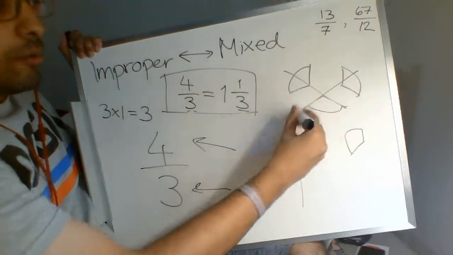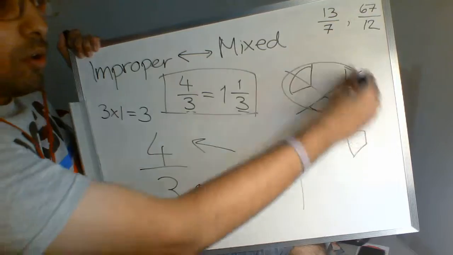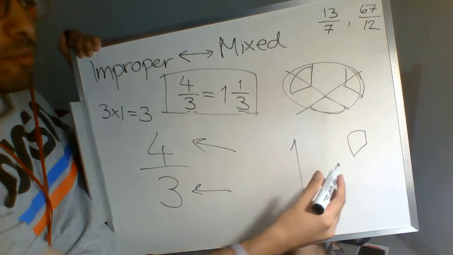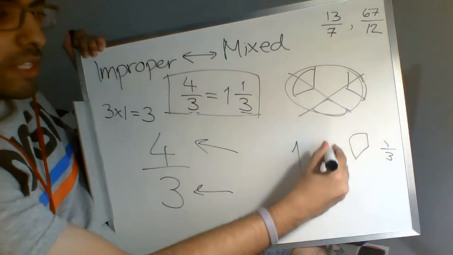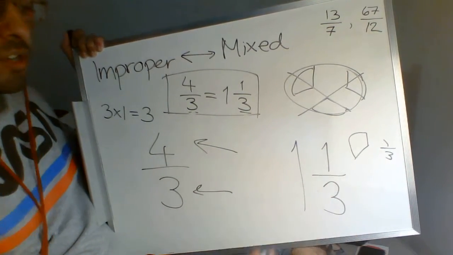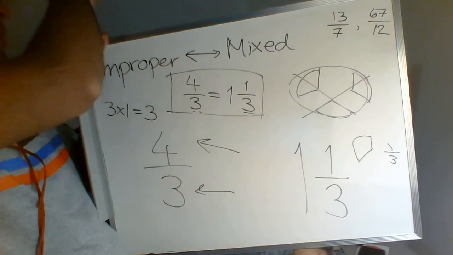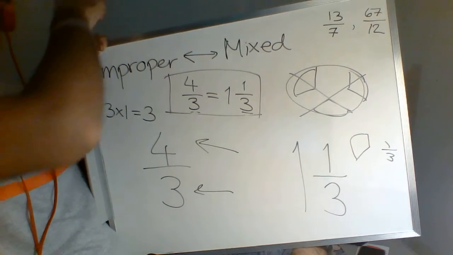If you take those 3 away to make that one whole, then you're only left with this 1/3 of a pizza down here. And so that becomes the fraction component of your mixed number. Alright, is that making sense?